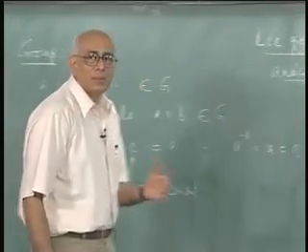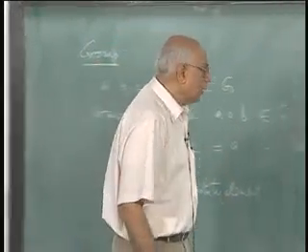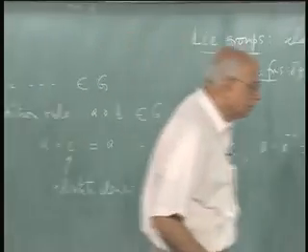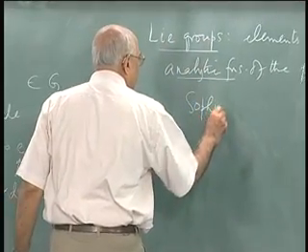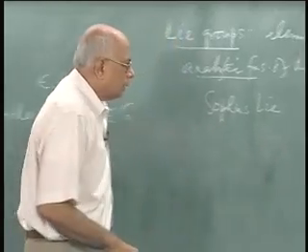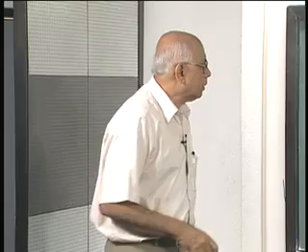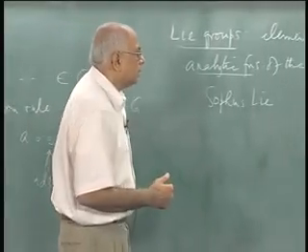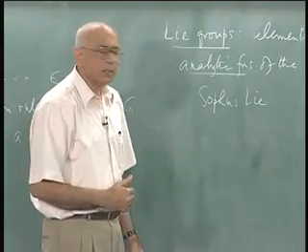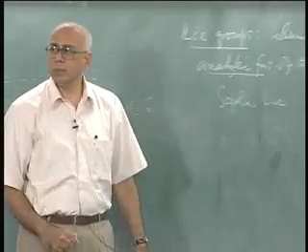So this is the first step, and this was taken by a very great Norwegian mathematician, Sophus Lie. He lived in the 19th century from 1825 or something like that up to 1899, and in the process of his mathematical investigations he laid down the foundations of the modern theory of groups, of continuous groups.